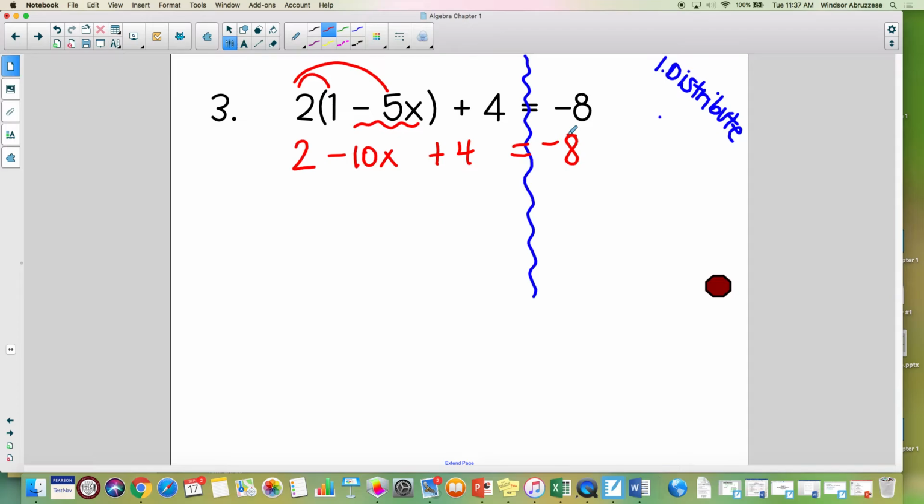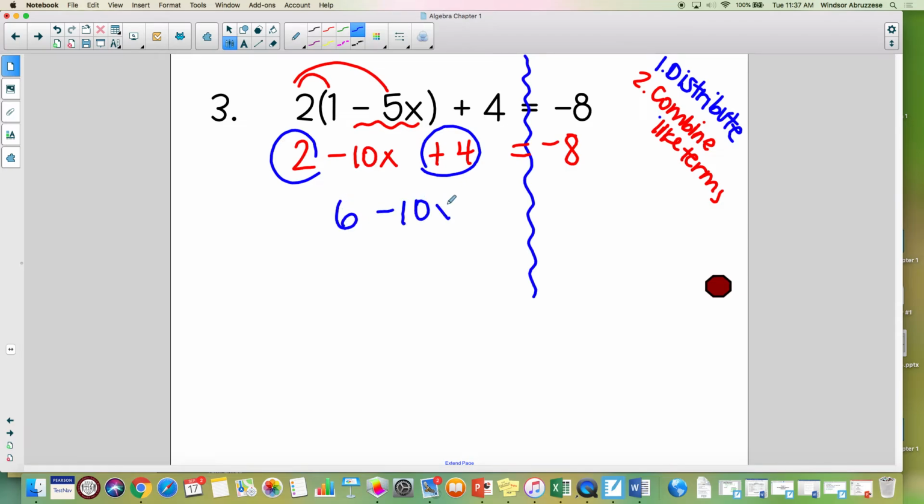Again, before I start moving things around to balance my equation, I'm going to combine like terms. So in this problem, that is my second step. Combine like terms: I have positive 2 and positive 4, which is 6, minus 10x equals negative 8.